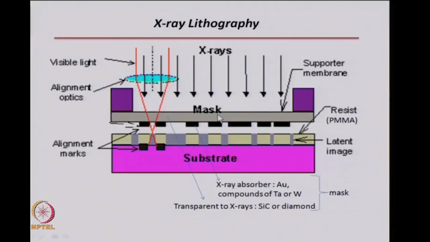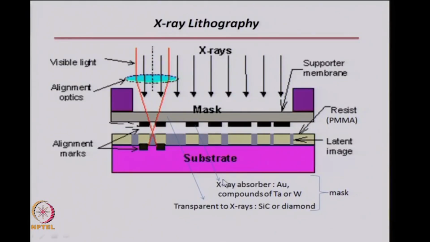So, this mask, which is kept a little bit away from the substrate, there is a gap between the mask and the substrate, and the mask is of two parts. The mask is made up of an X-ray absorber which is patterned on this mask. So, these are X-ray absorbers, and in between these are gaps where the X-ray is not absorbed.